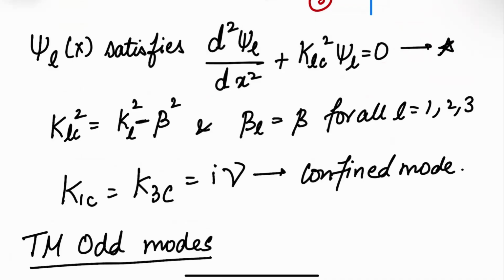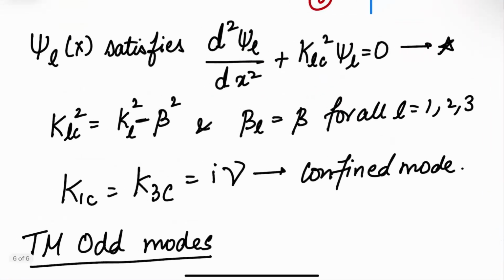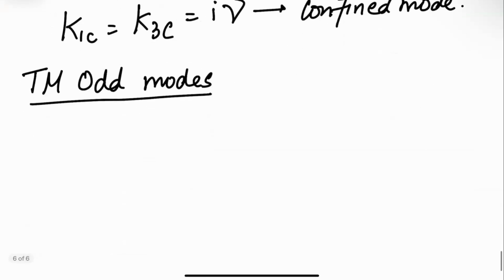When I take the second derivative of sine of something times K_Lc, I get minus K_Lc square times sine, right? And that minus and this cancel, and I get zero. So basically, psi L should be equal to sine K_Lc x, right? Then if I take the second derivative, it cancels with this term. Cosine also does the same thing. So we'll treat the sine case as the odd modes and the cosine case as the even modes.